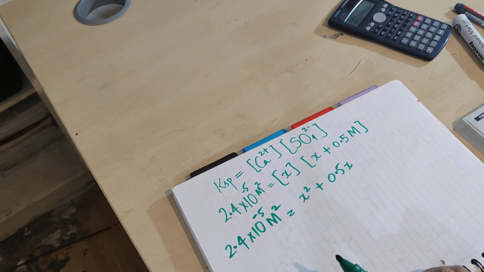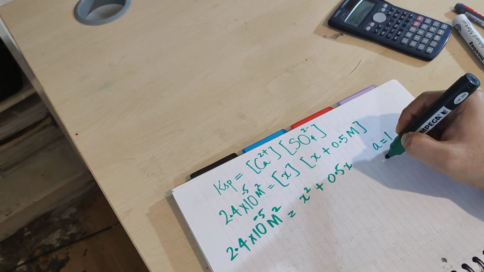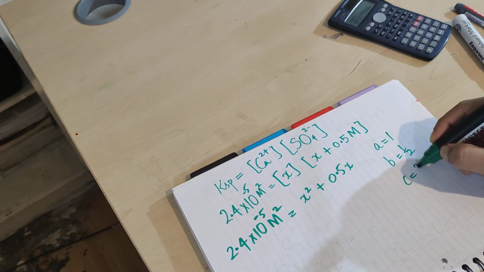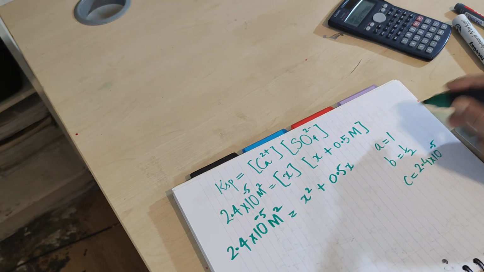And they do, but I won't. I'll just use the quadratic formula where A equals 1, B equals half, and C equals 2.4 times 10 to the power minus 5, without the units.